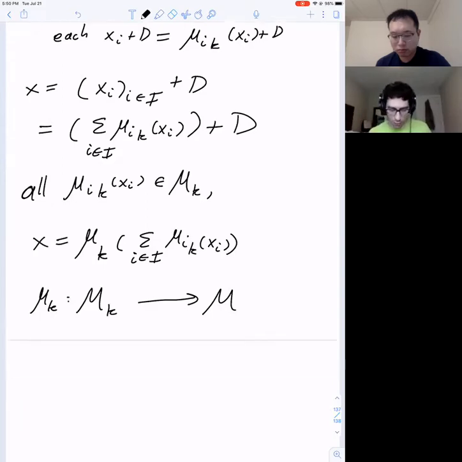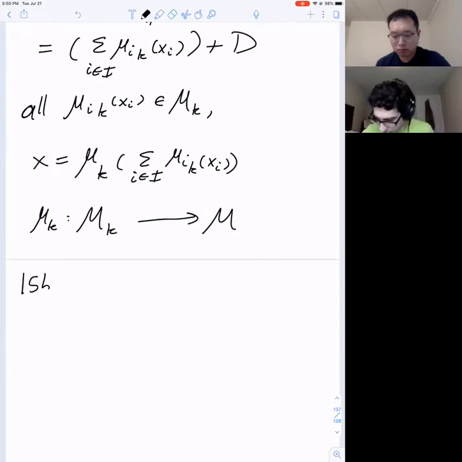So this next question might also be familiar to you. This is the gluing axiom of a sheaf.